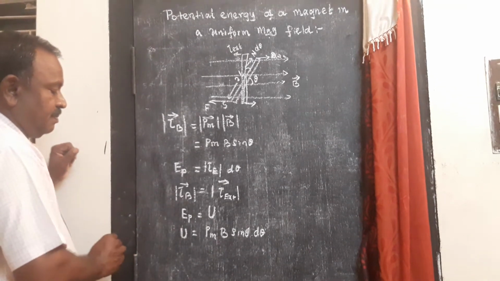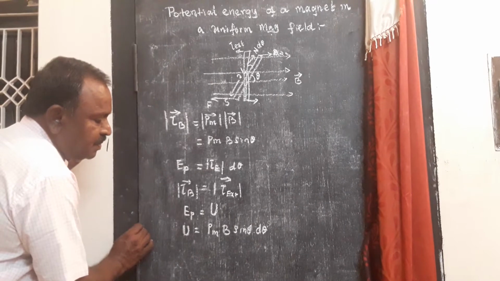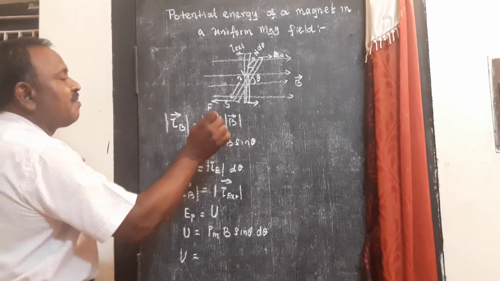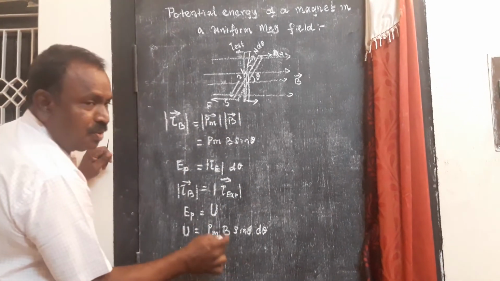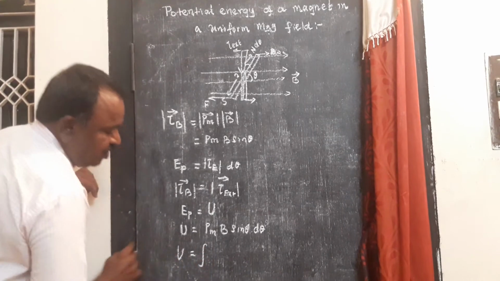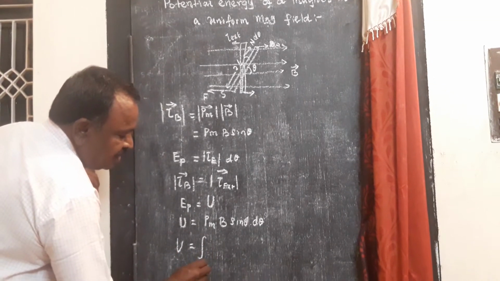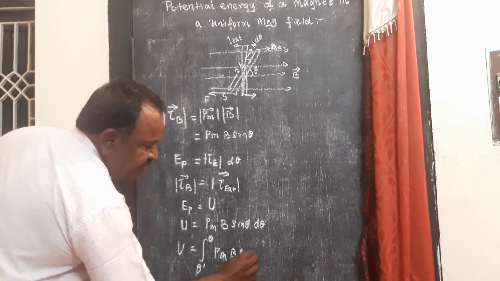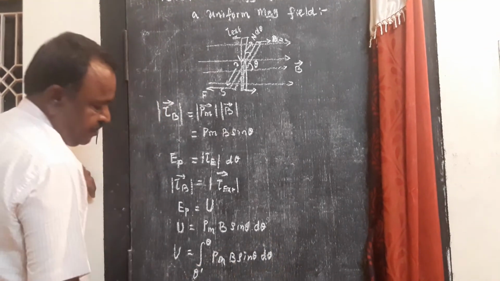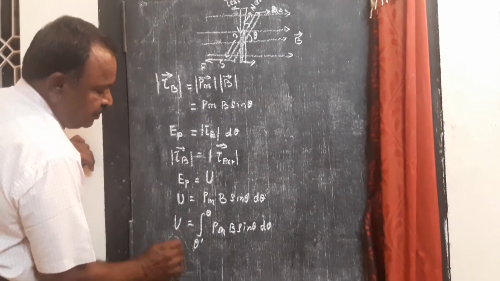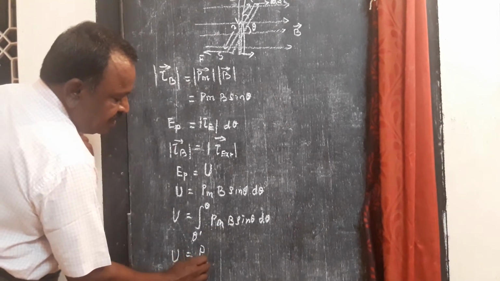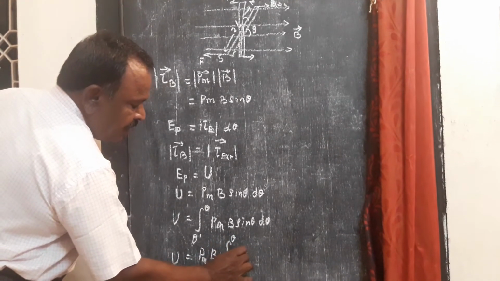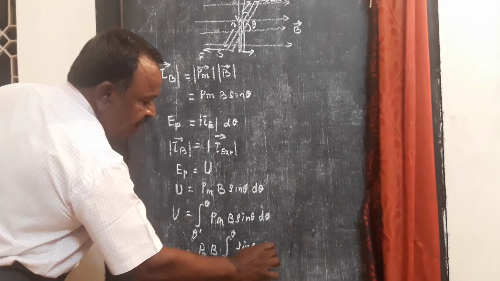So this is a small amount of work done. Our total work done, when I rotate this magnet from angle theta dash to theta, is that potential energy U is equal to the integral from theta dash to theta of Pm B sin theta d theta. Pm B is taken outside, so Pm B into the integral from theta dash to theta of sin theta d theta.